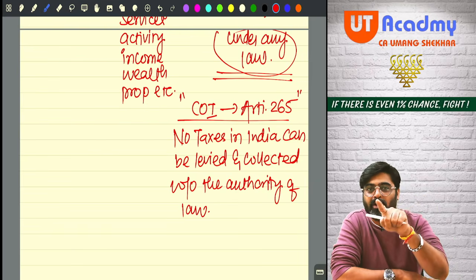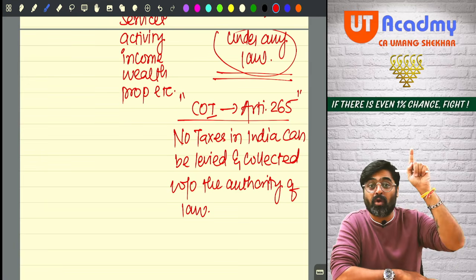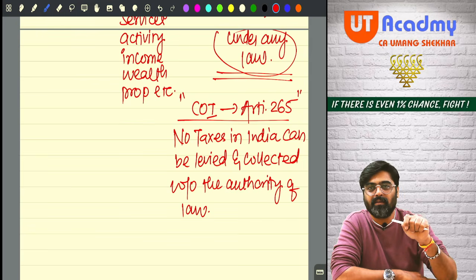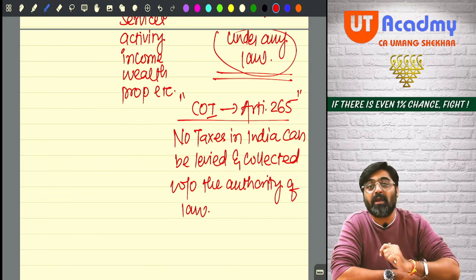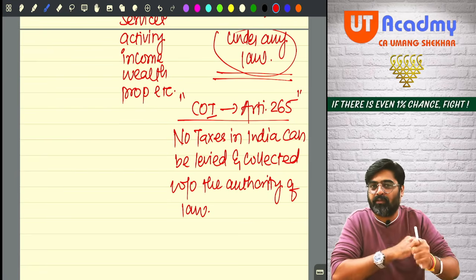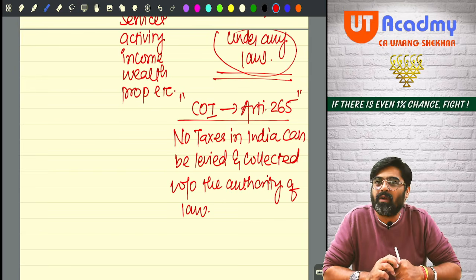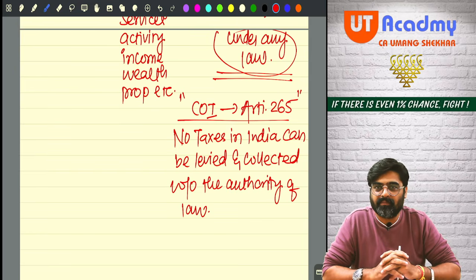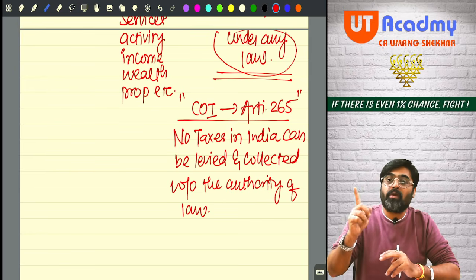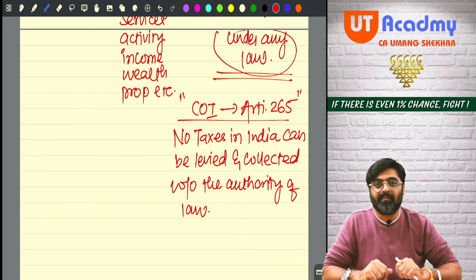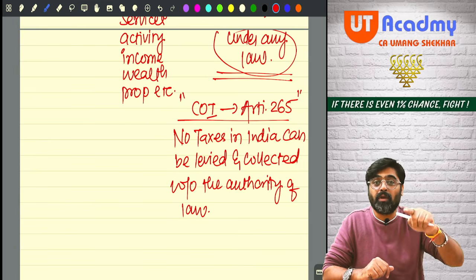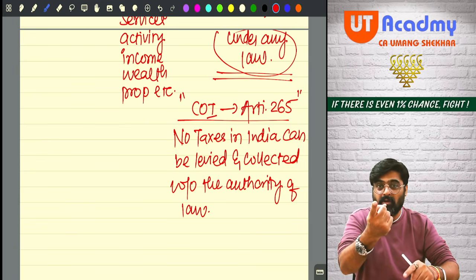So this article 265 puts a restriction on the power of the government to levy what? Taxes, to collect what? Taxes. Because if this article 265 was not there, what would have happened? Just imagine, the government would have wanted to charge tax. If you stand up, then the government would have told you, okay, you are standing up, now pay tax.